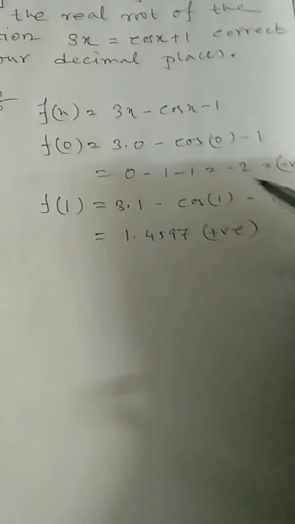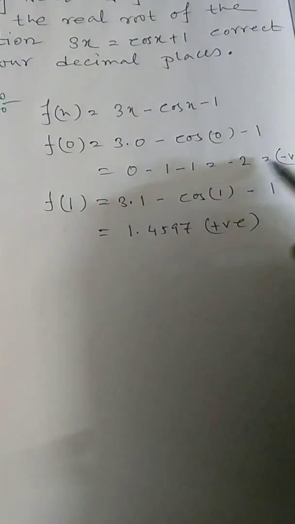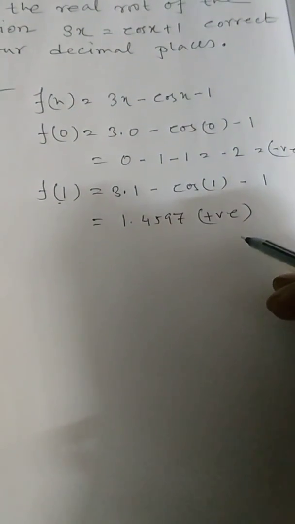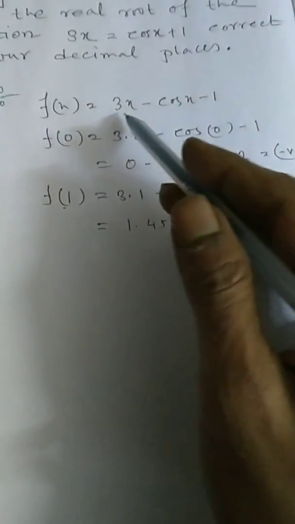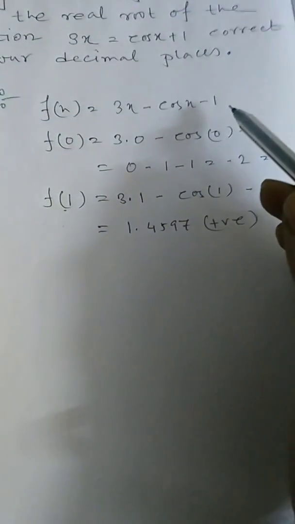Now see, we get f of 0 equals minus 2, that is negative, and f of 1 is 1.4597, that means this is positive. So definitely we can say the function is continuous.